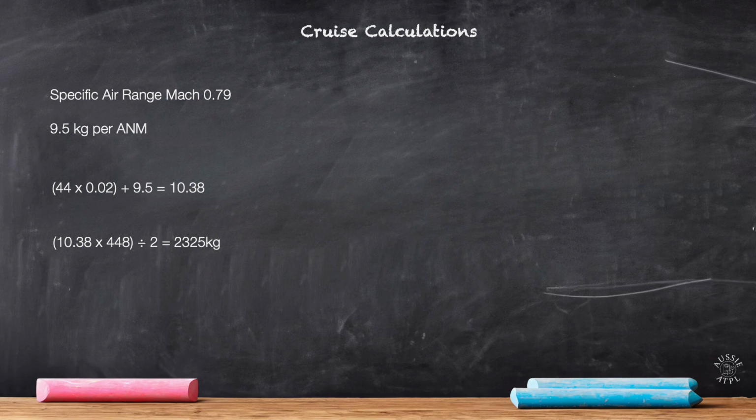We then times that by our total distance in the cruise, 448, divide that by 2 as we're looking for our mid-zone weight. We only need half of the fuel burn, will give us around 2,300. We take that away from our start of cruise gross weight or top of climb gross weight, which is the same thing.